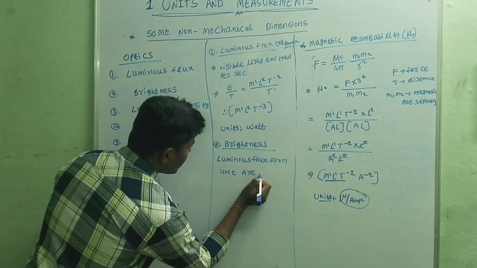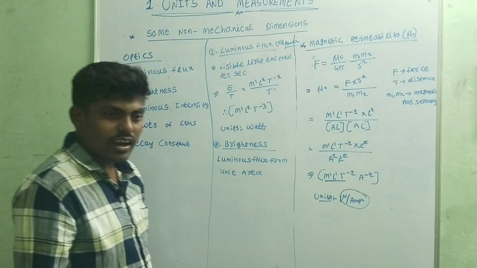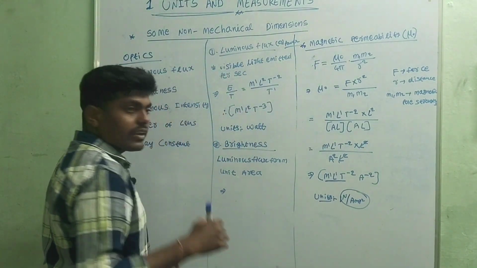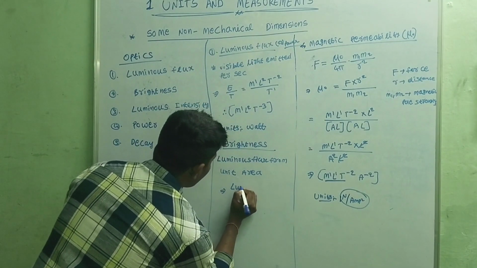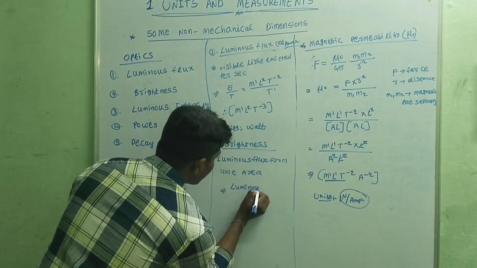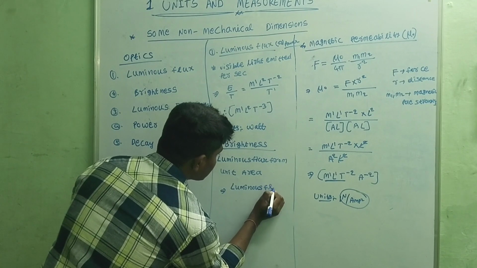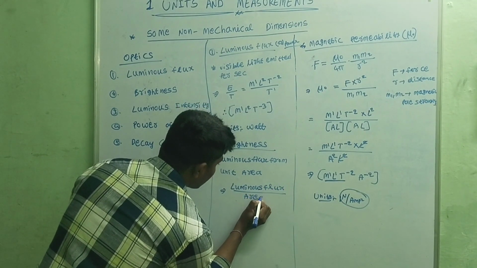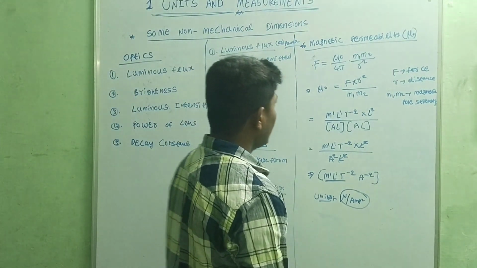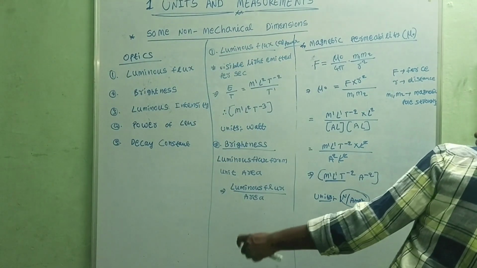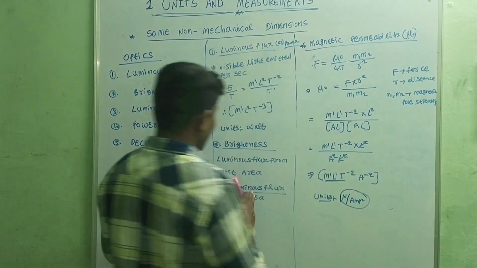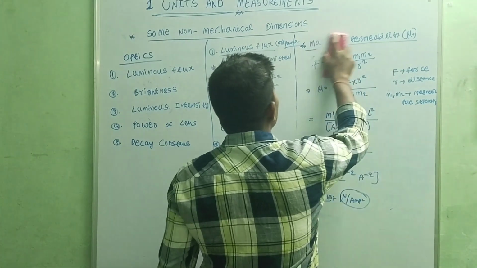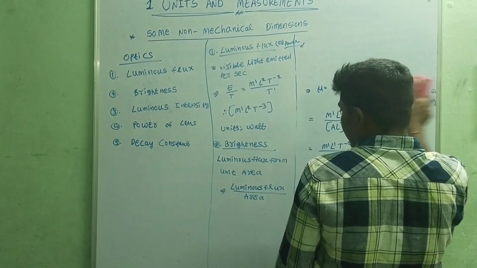So it is luminous flux for unit area. Already we know the dimensions of luminous flux, or luminous power, is M1 L2 T minus 3.